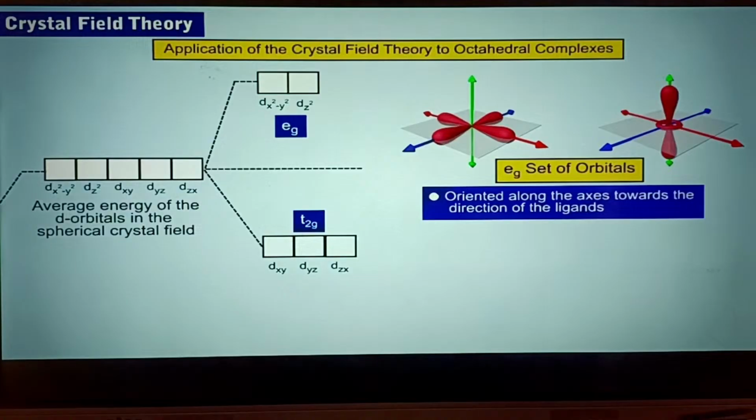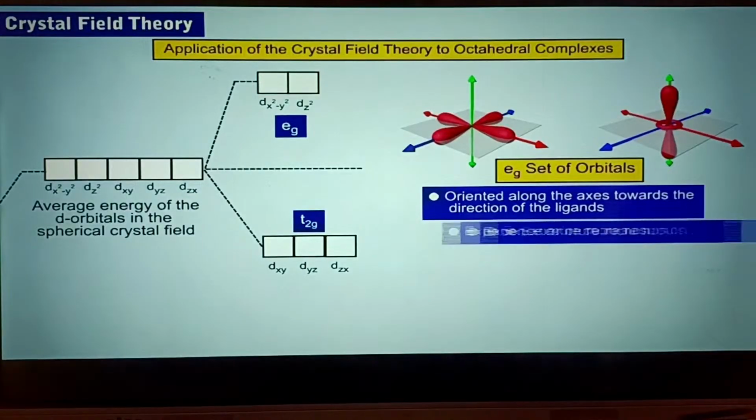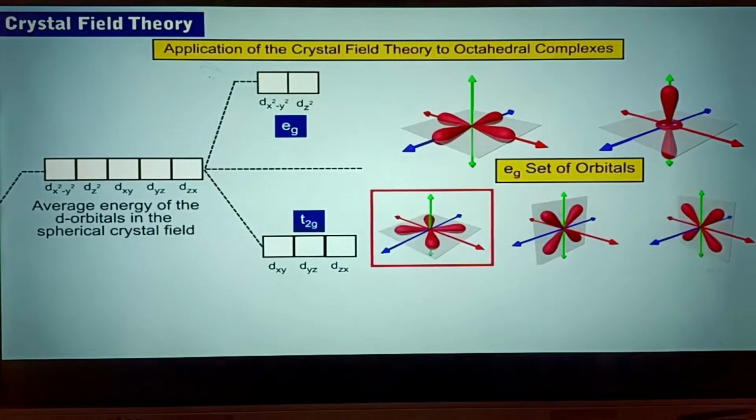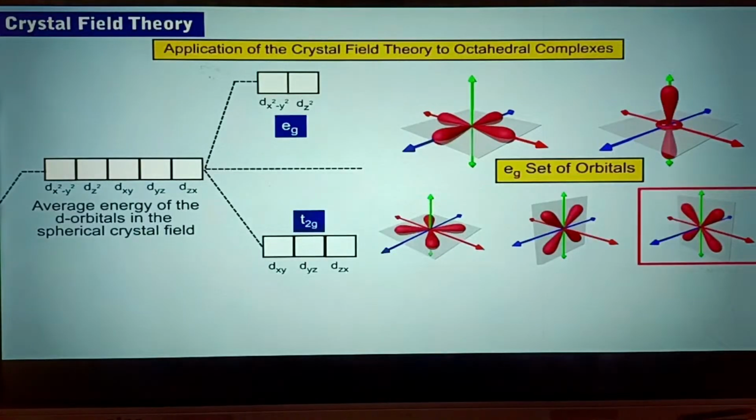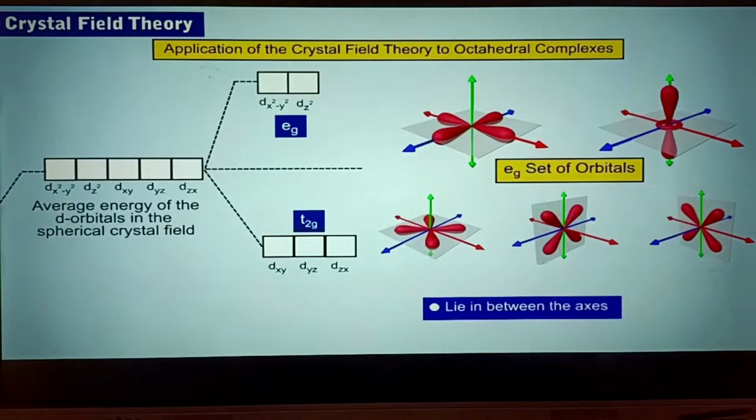Thus, the Eg set of orbitals will experience more repulsion, and the remaining 3 orbitals, that is, dxy, dxz, and dyz orbitals, lie in between the axes.